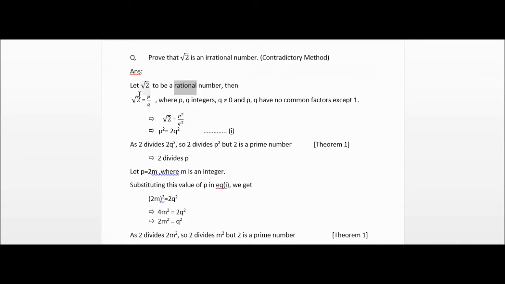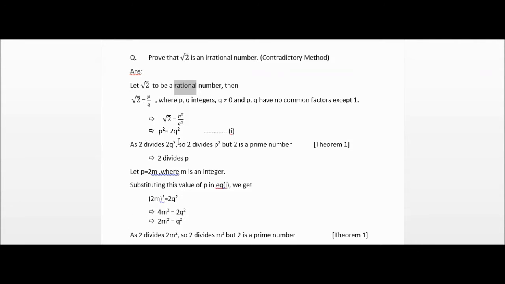Then root 2 can be represented in the form of p by q, because the definition of a rational number is any number that can be represented in the form of p by q.